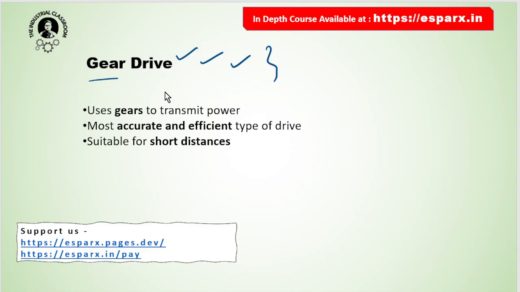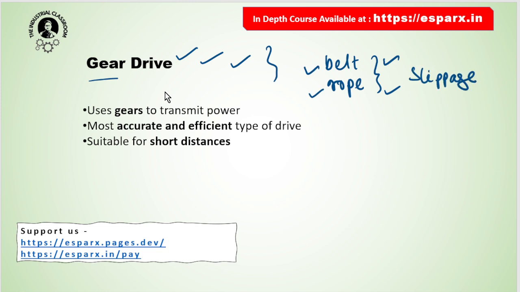We have belt drive, we have rope drive. Then why do we need another type of drive, the gear drive? You know that its construction is very difficult, so why do we need it? Whenever we use the belt drive or rope drive, there is a chance of slippage.